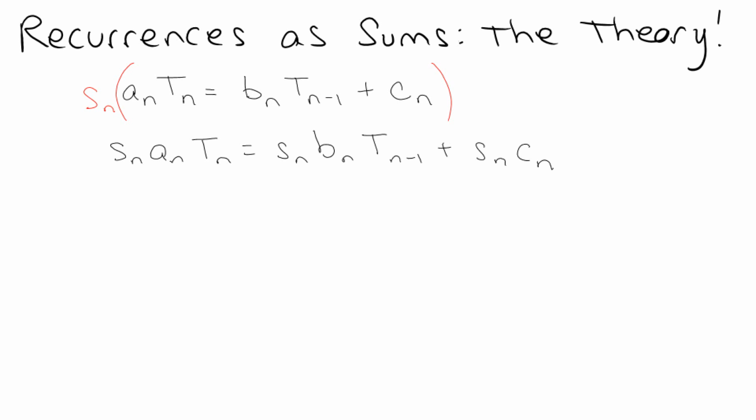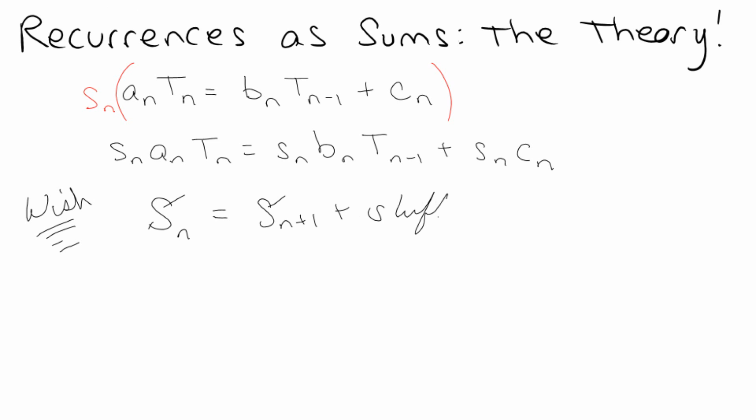So we've got Sn bn, T sub n minus 1, and Sn cn. Alright, got it. Now, what we super wish is that it looked like this. So I wish that it looked like Sn is equal to this thing, Sn minus 1 plus stuff.